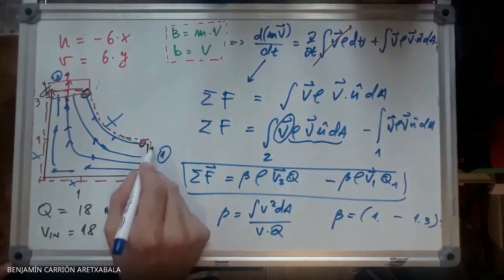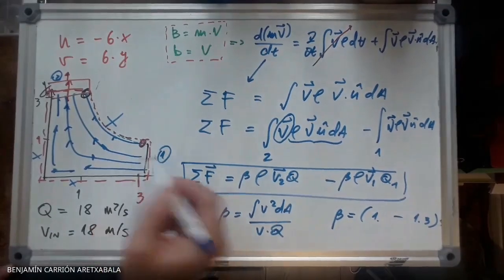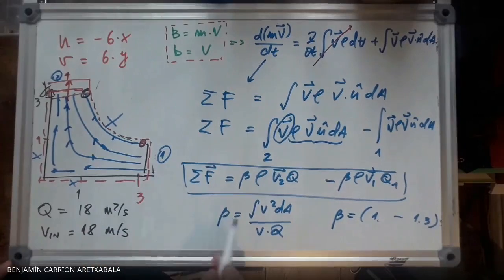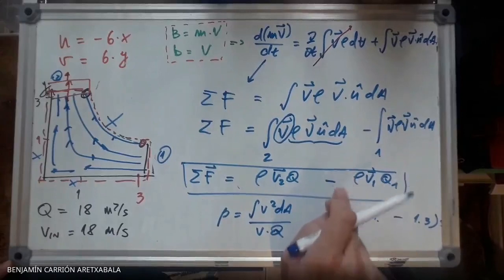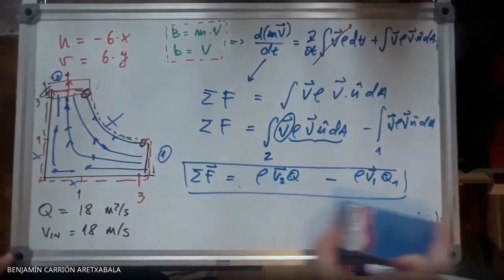In our case here, the velocity is uniform in the section, the normal velocity, mind. The normal velocity is uniform. So in our case, beta is just 1. For all practical computations, you can just forget about it.